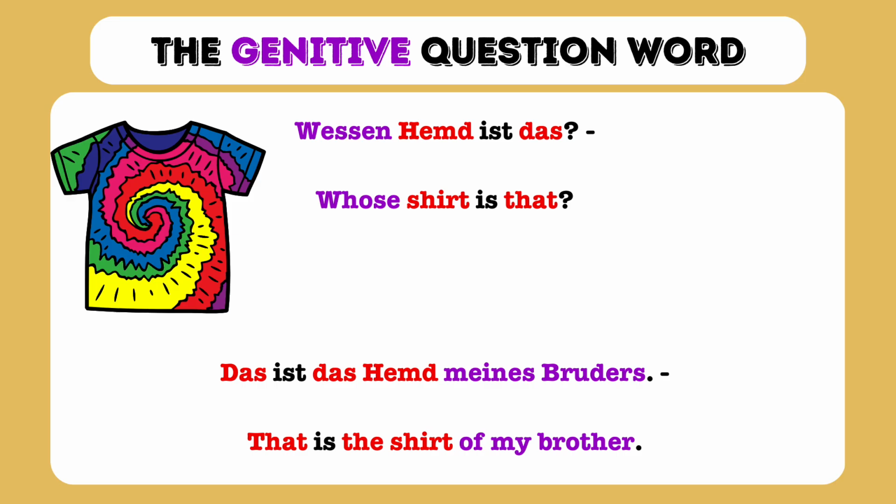Wessen is used here to show us to whom the shirt belongs, but we don't know to whom it belongs, and therefore we have to ask, whose shirt? Wessen Hemd. When we answer the question, we use the genitive case in place of where wessen used to be, right next to Hemd. Das ist das Hemd meines Bruders. Meines Bruders is in the genitive case.